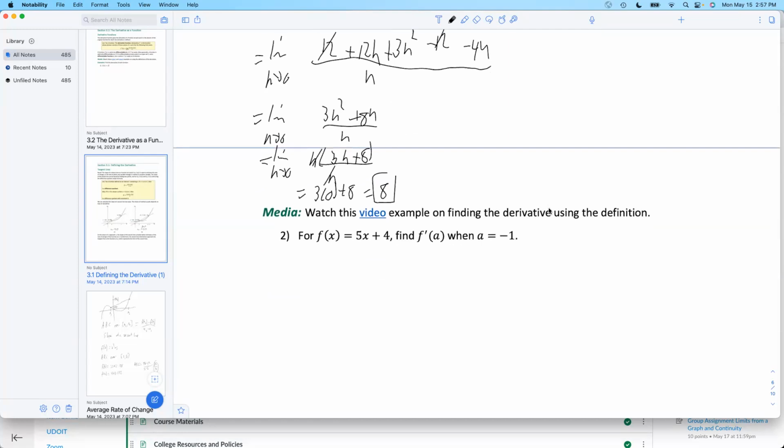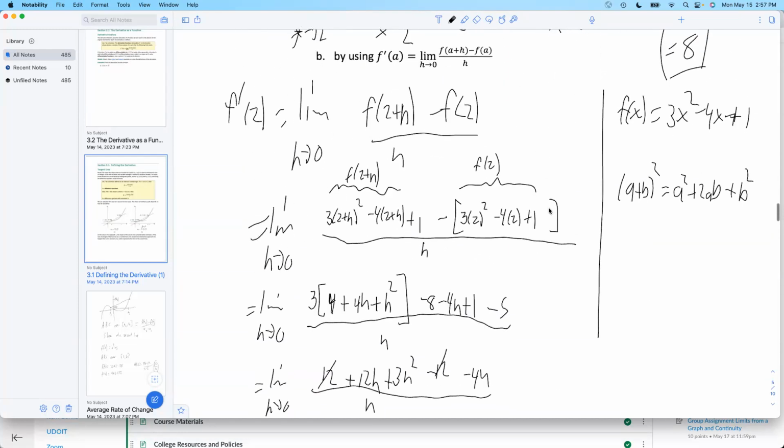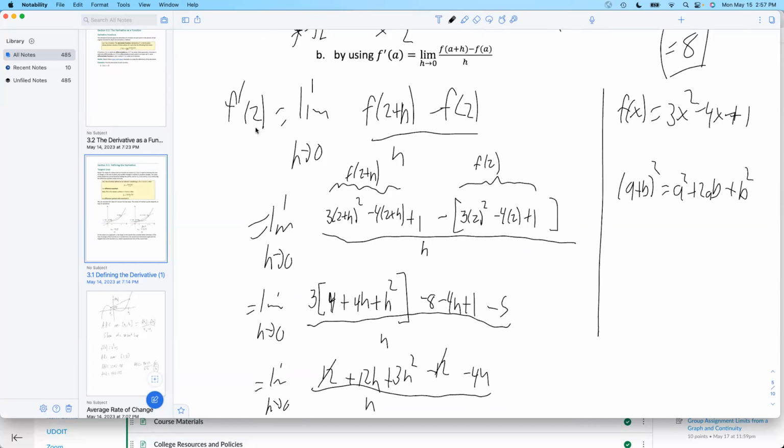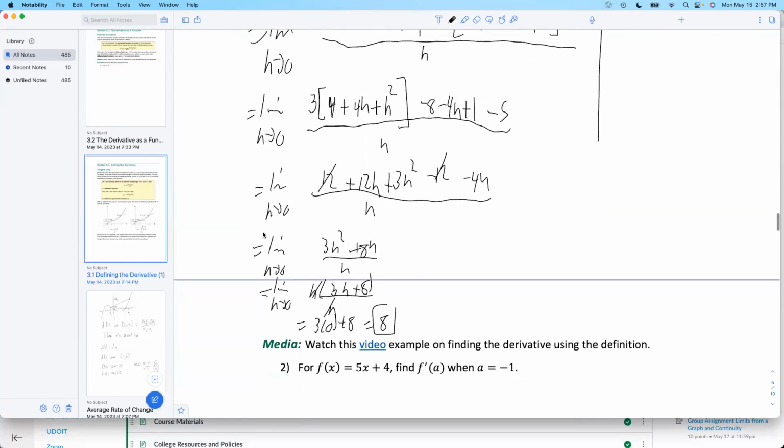And that is the derivative of our function at x equals 2. And look at my nice chain of equal signs here. So I've started with f prime at 2 equals, writing limit all the way down until I actually take the limit.